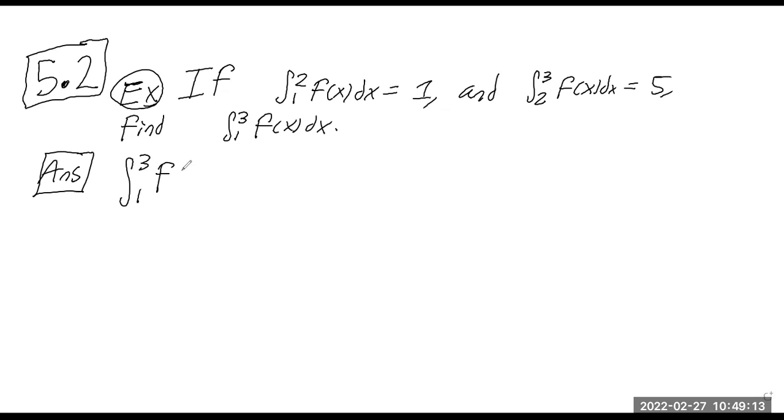Well, when we take that integral, one of our properties is that we can always split up an integral with respect to its limits of integration. So we take our lower limit and we go up to some intermediate value that's in between our lower and upper limits of integration.